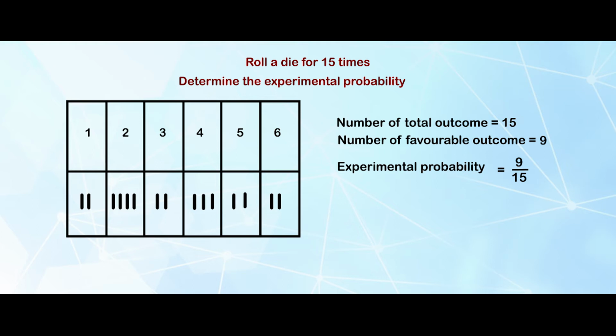Since the numerator and denominator are multiples of the same number, it can be further simplified as 3 over 5, which is 0.6. So therefore, the experimental probability of getting a multiple of 2 when you roll the die 15 times is 3 over 5 or 0.6.